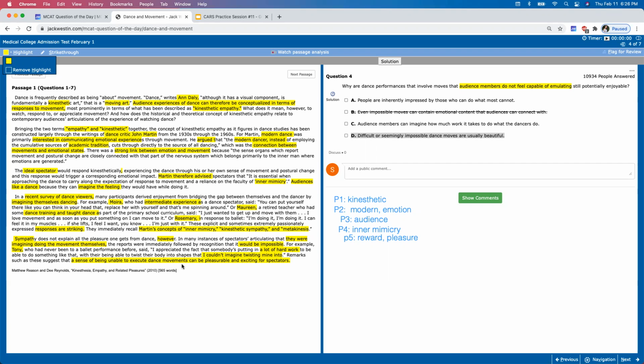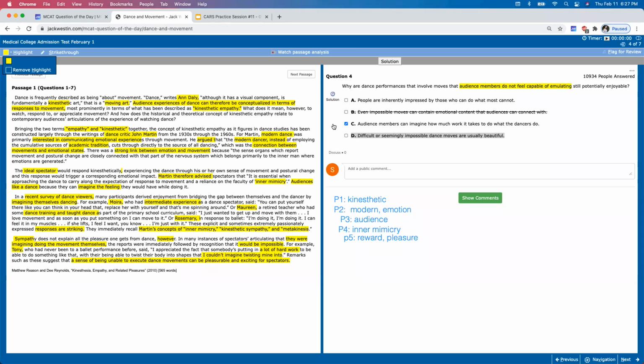So whenever you do have concrete examples, you want those to lead you to the answer. And you don't want to make another inference, because A and D are most likely implying other things that are not mentioned in the passage specifically, but C is definitely mentioned in the passage. And that is what it's saying in the last paragraph.